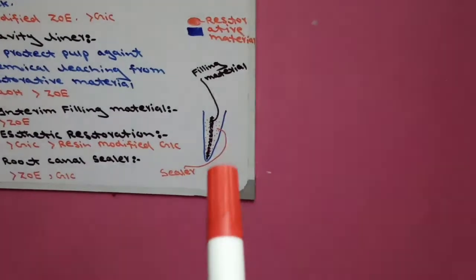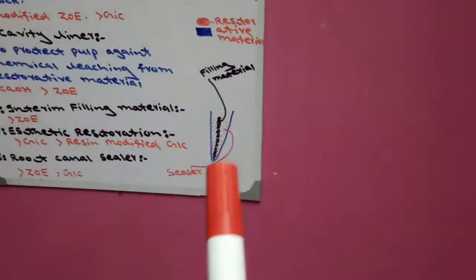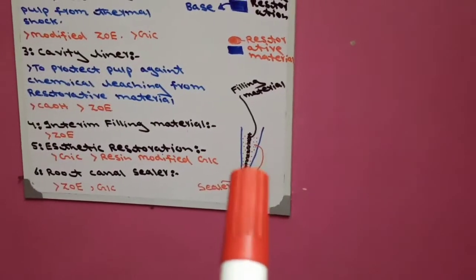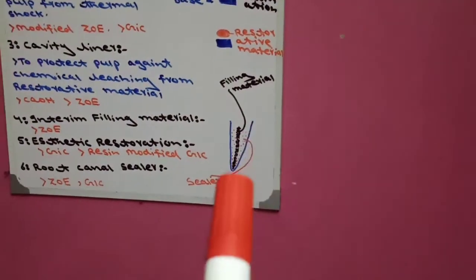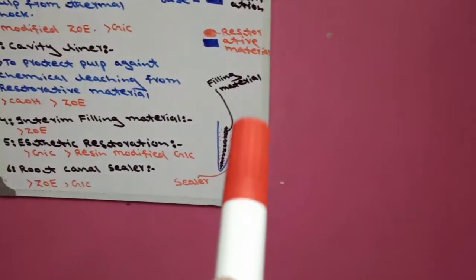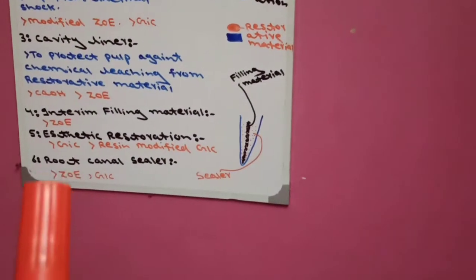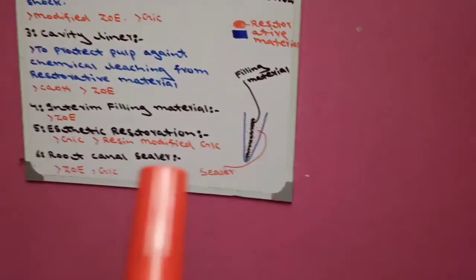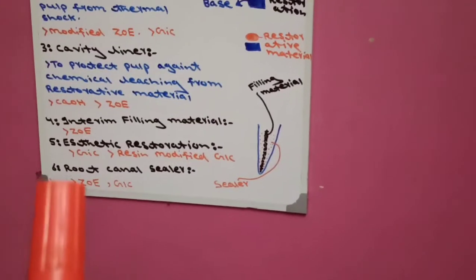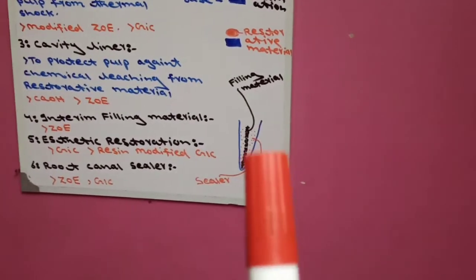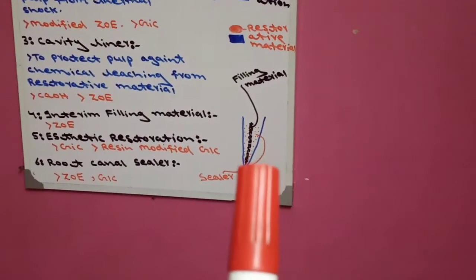We can seal this space with dental cement. When we use dental cement to seal this space, the cement is called a root canal sealer. So the sixth use is as a root canal sealer, which seals the space between the filling material and the root canal wall.